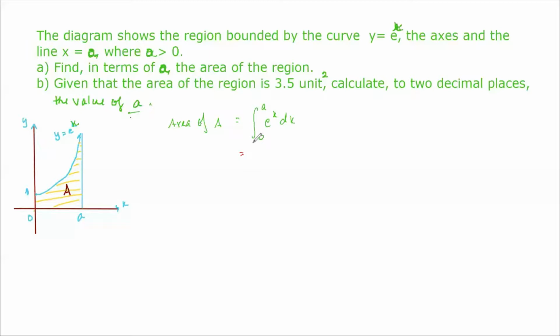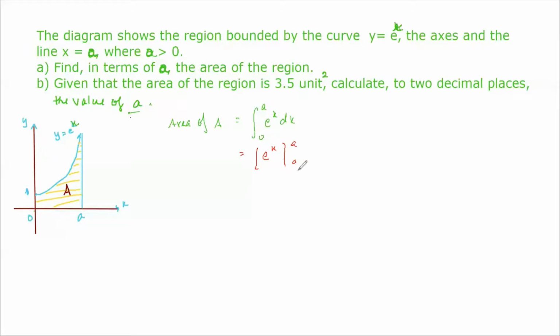Then integrate e power x, we have e power x, and the derivative of x is 1, right? So it's the same, from 0 to a. Now no plus c anymore, because we know the boundary we want.